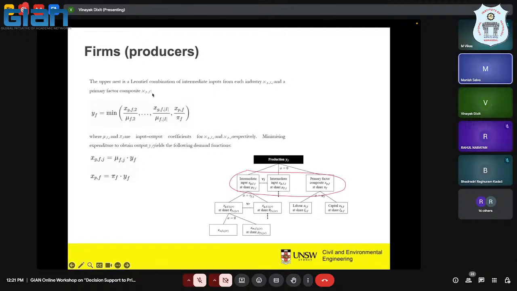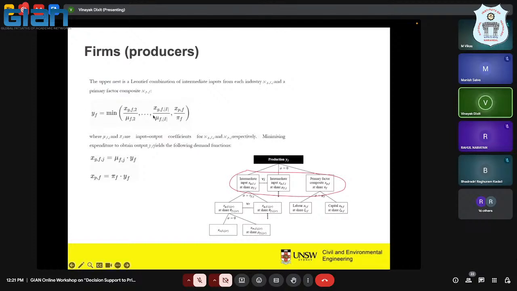I'll not go into the details of this, but what this basically says is that the production Y_F is equal to the minimum of the inputs. So it's constraining based on the minimum input of each. If there is a certain amount of diesel which is the constraining part of my production, then even if I have lots of sugar, I can only produce so much because I have limited diesel.